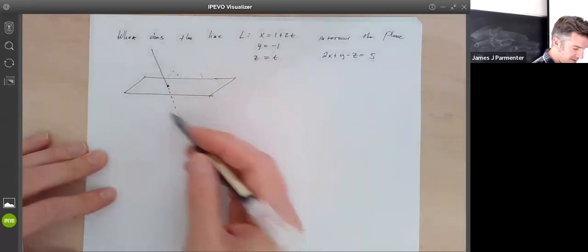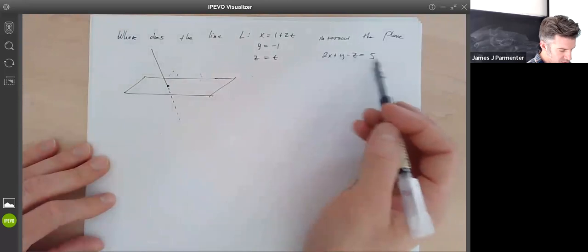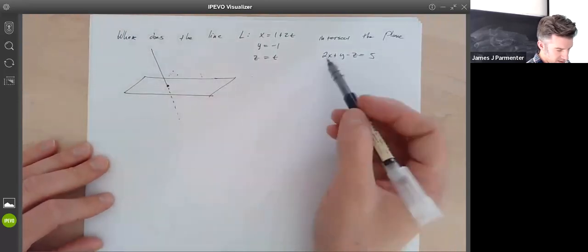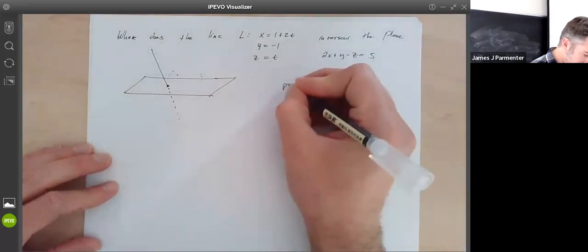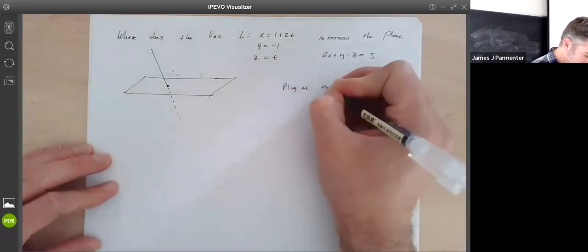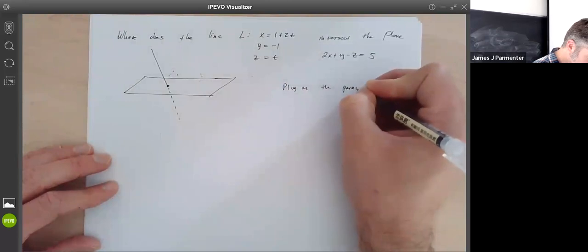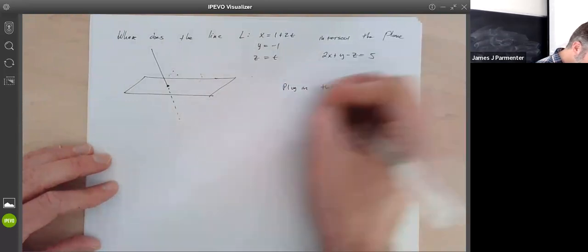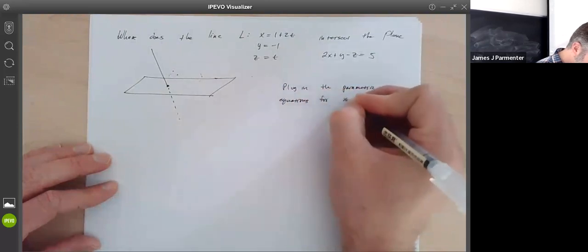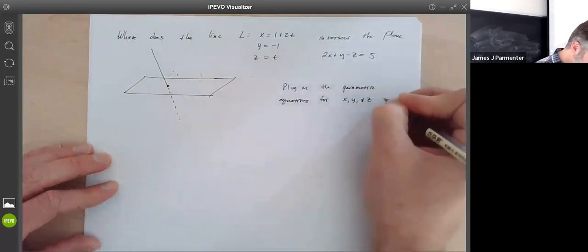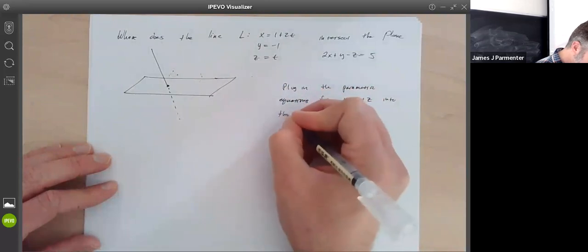So the way we're going to find this out is, if the line is intersecting the plane, then the plane equation has to be satisfied. So what we're going to do is plug the parametric equations for x, y, and z into our plane equation.